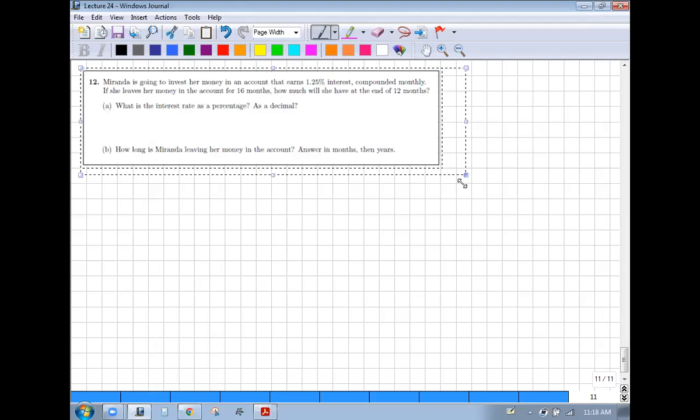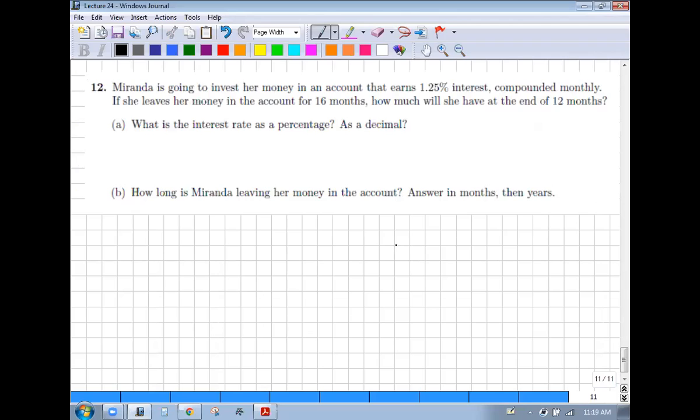All right, Miranda is going to invest her money in an account that earns 1.25% interest. So here's our rate. As a decimal, that's 0.0125. Compounded monthly, so that means N is 12. If she leaves her money in the account for 16 months, that's our time, but we have to convert that into years.